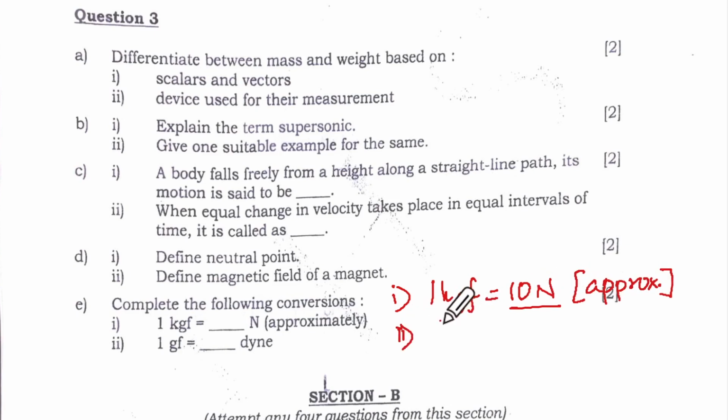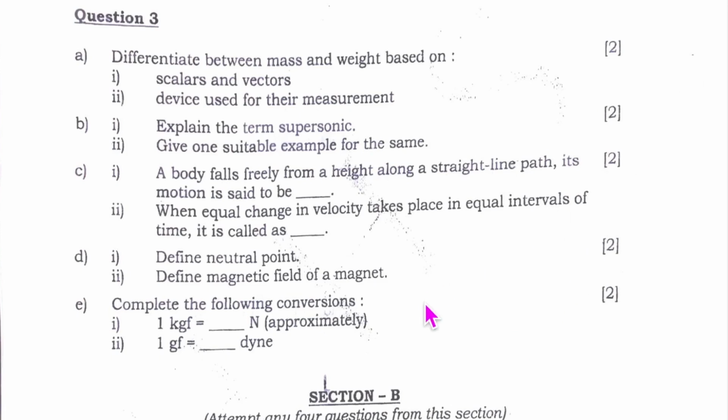Okay, and 1 gf is equal to how many dynes? 980 dynes it is. So it will be 980. They didn't say approximately. Did you understand? Yes. Okay, so that finishes our section A.